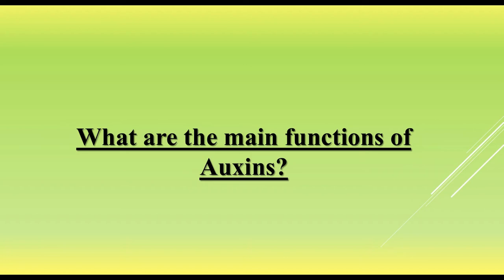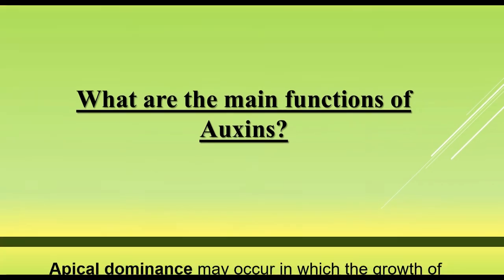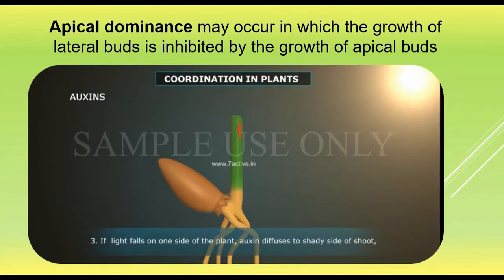Now let's discuss the different types of functions that are carried out by auxins. Auxin promotes apical dominance. The term apical dominance is very important.